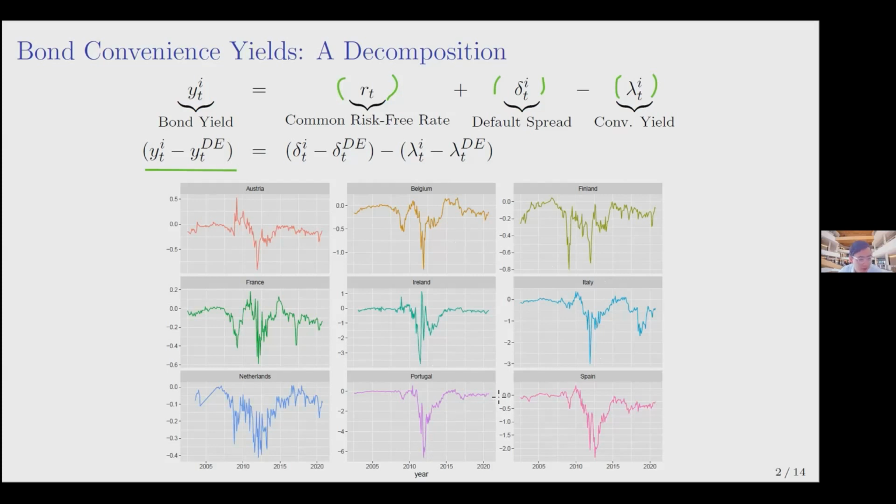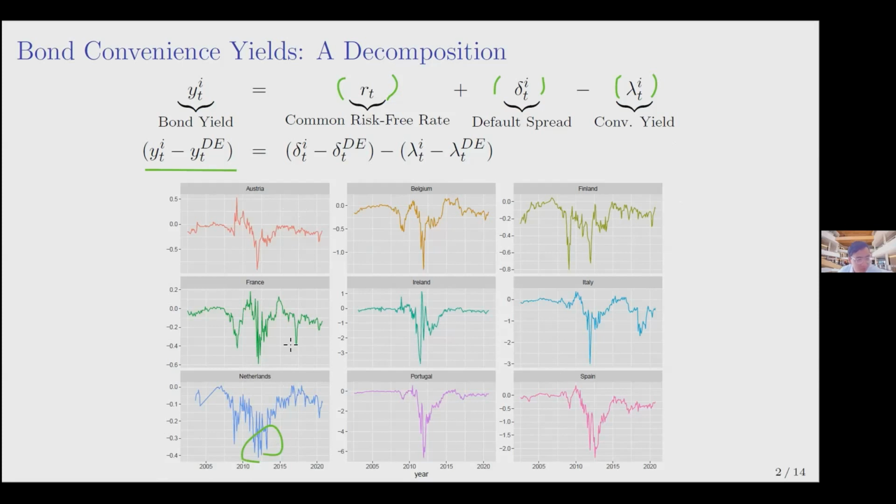On the other hand, if we look at some other countries like Austria, Belgium, and Netherlands, which are traditionally thought of as safe or fiscally sound countries, along with Germany, we still observe significant variations in their convenience yields relative to Germany. For example, if we look at Netherlands, in the peak of the sovereign bond crisis, it also has a negative 30 basis points per annum as the convenience yield relative to Germany.